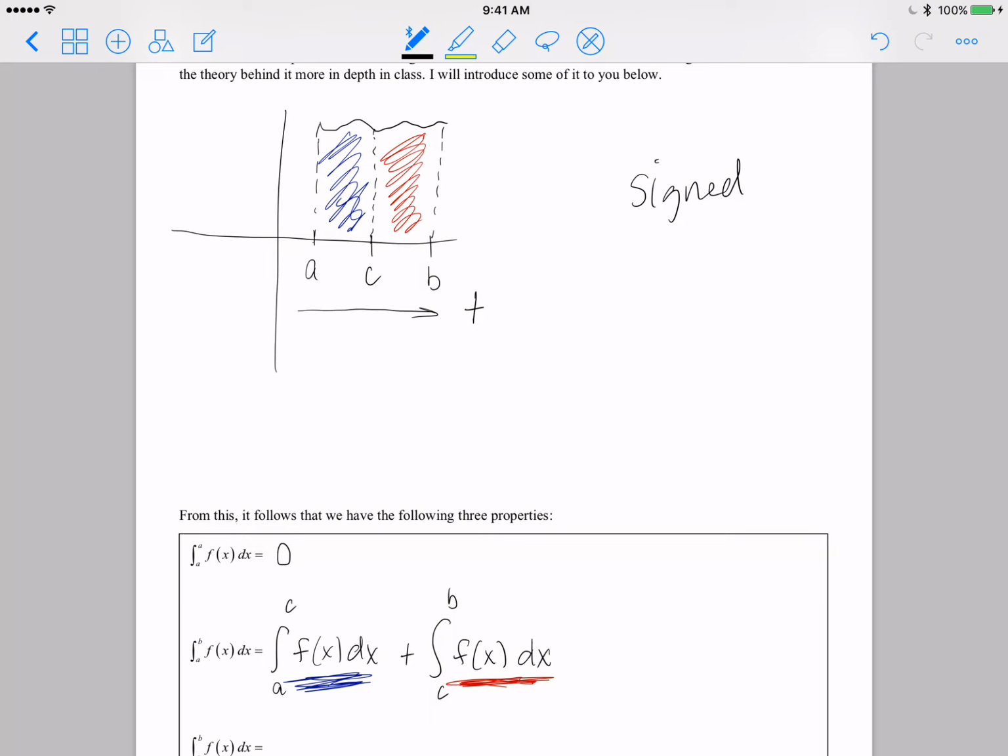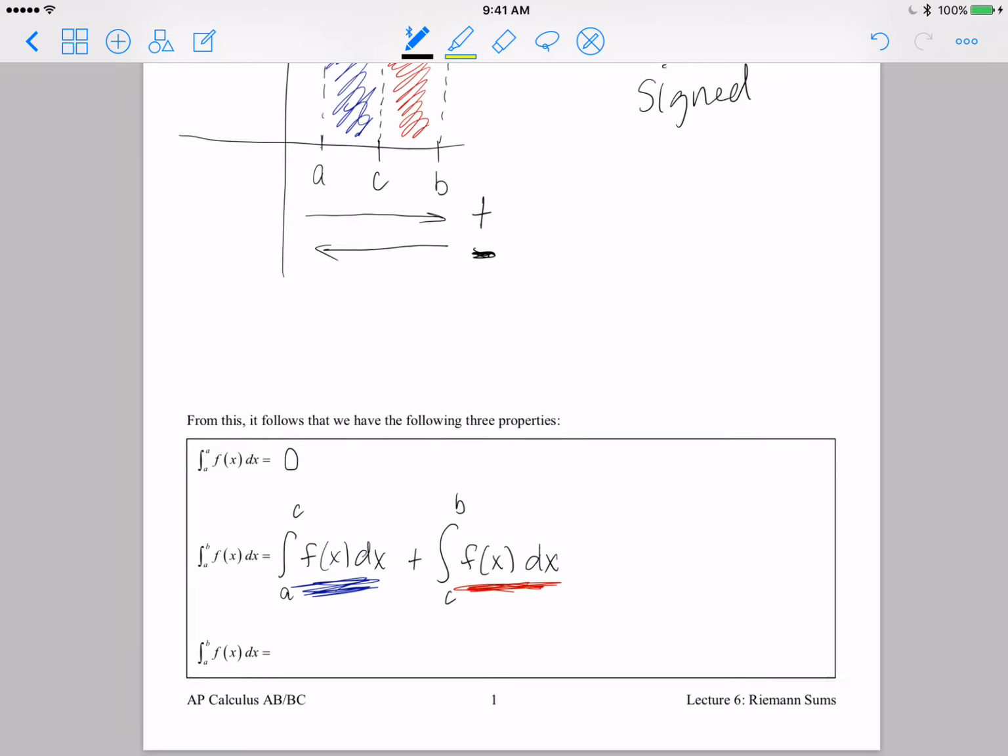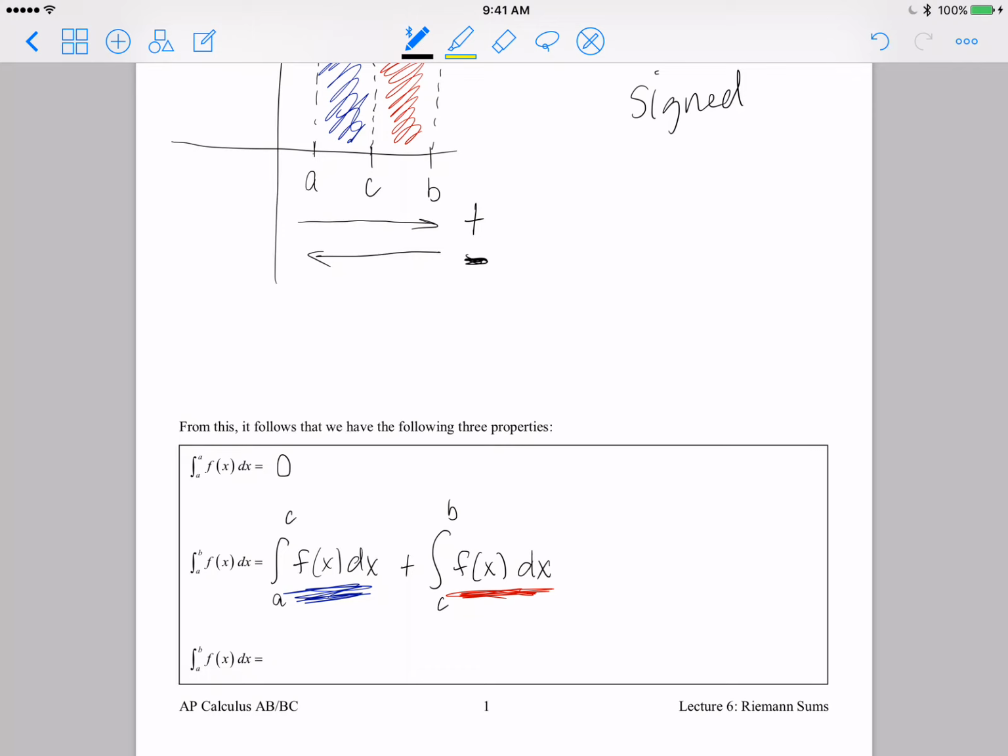But if I integrate from right to left, or backwards, that is considered to be a negative area, again, as long as you're talking about a function that is above the x-axis. So because of that, our final property, if we want to switch the bounds of integration to instead say the integral from b to a of f of x dx, then we need to put a negative sign in the front.